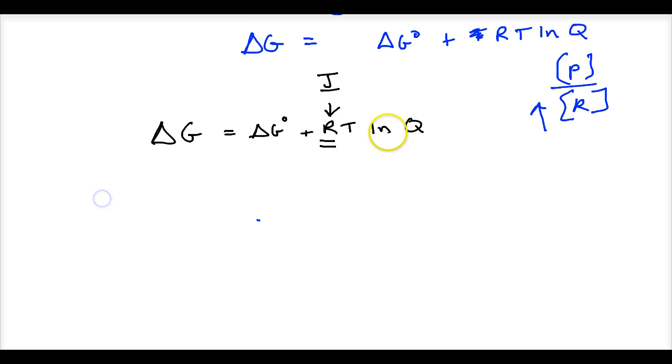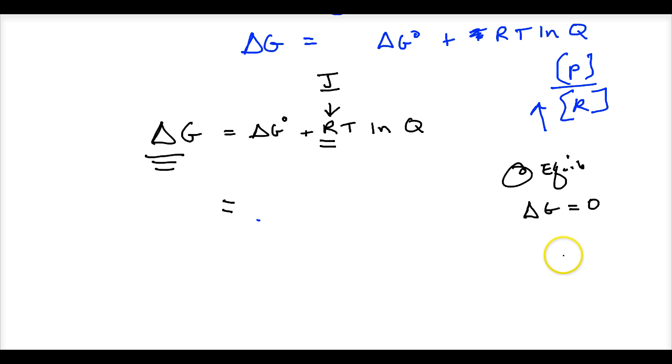But given our non-standard way of attaining delta G, or spontaneity, or the change of the entropy of the universe at non-standard conditions, we can make one more derivation. It's really quick. When the reaction is at equilibrium, delta G is equal to 0.